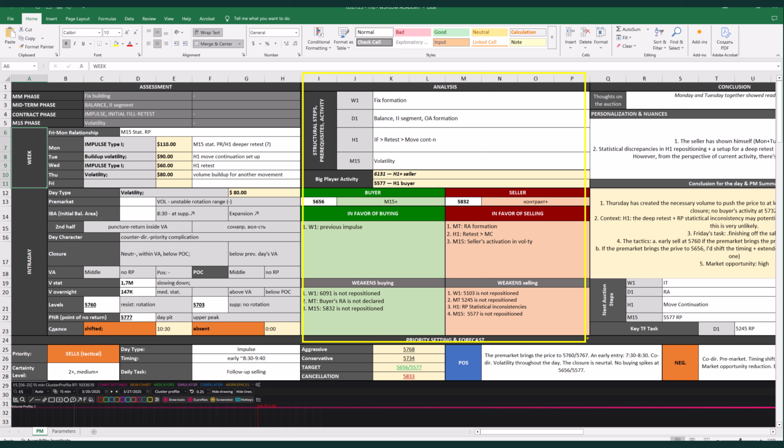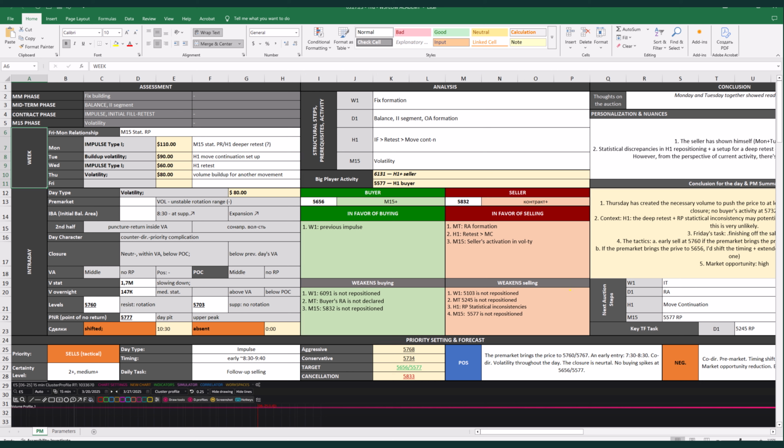We identify who rules the market right now, okay?